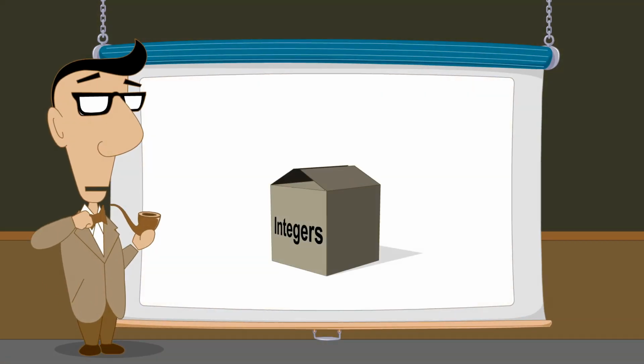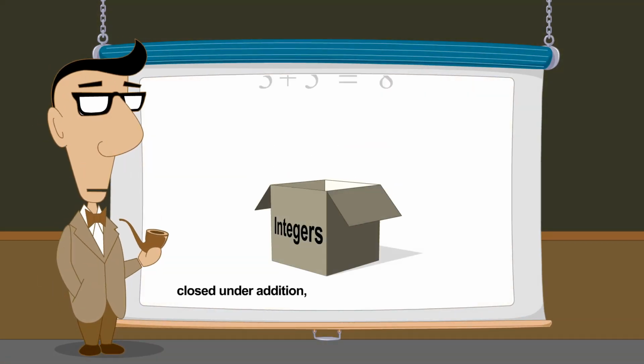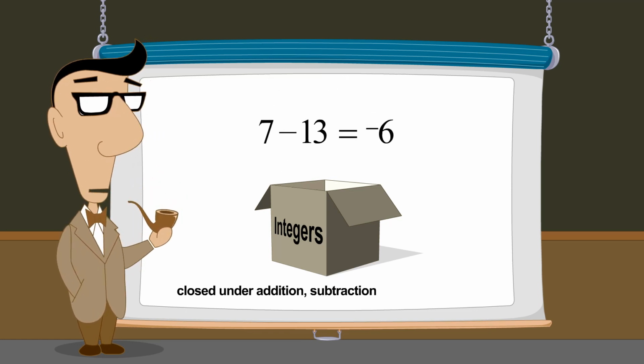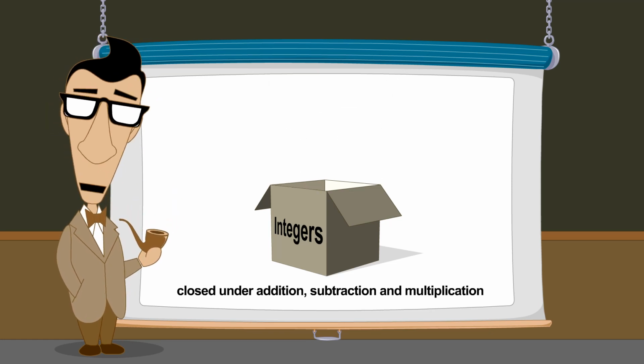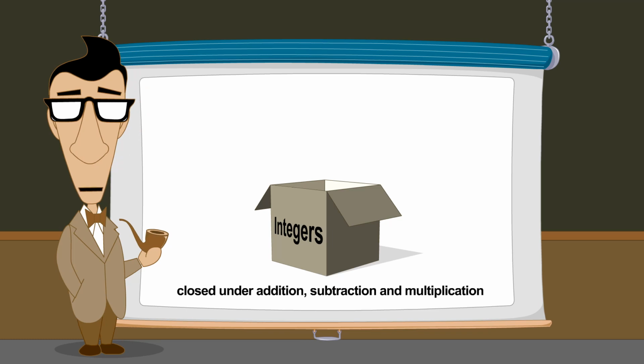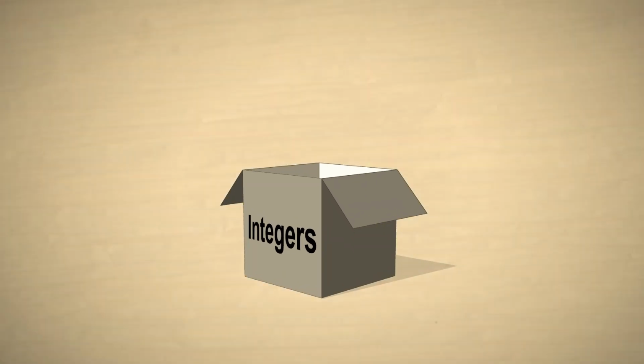In the previous lectures, we have seen that integers are closed under addition, subtraction, and multiplication, since the result of applying any of these operations to integers always produces another integer. However, when dividing integers, the result cannot always be represented by an integer. For example, dividing the integer 1 by the integer 3 does not produce an integer.